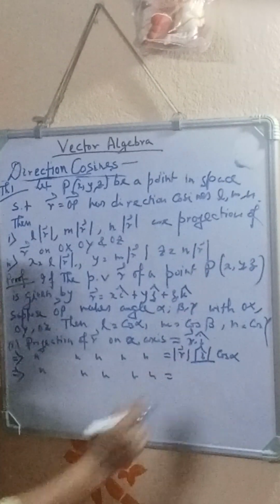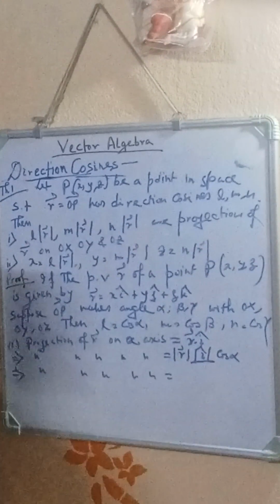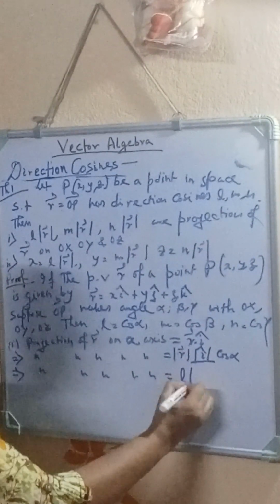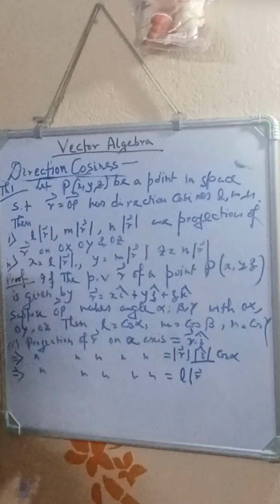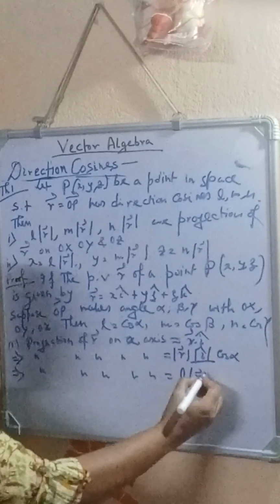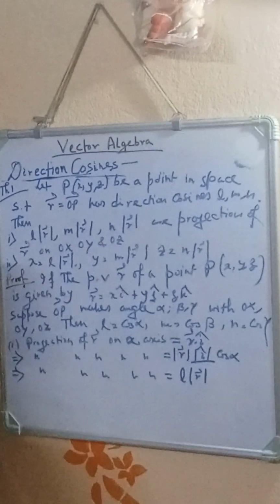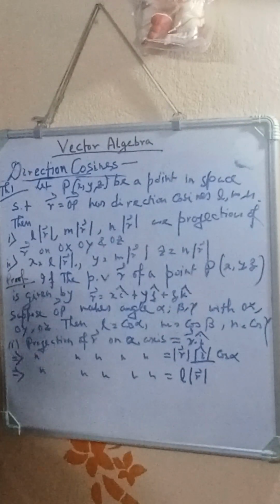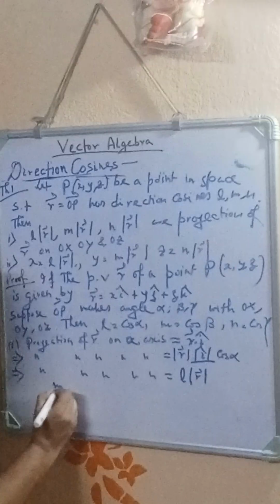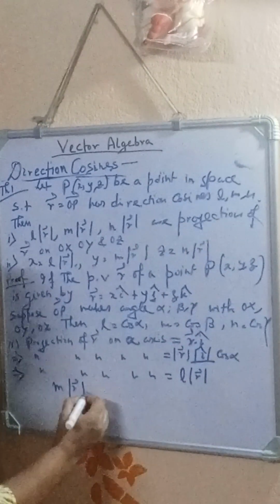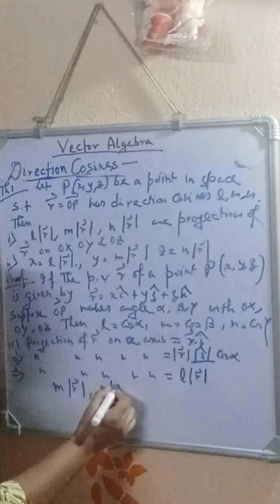Therefore, the projection of r vector on the X axis is l|r|. Similarly, the projection of r vector on the Y axis is m|r| and on the Z axis is n|r|.